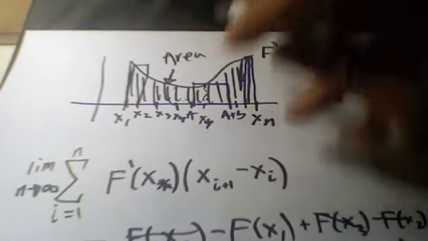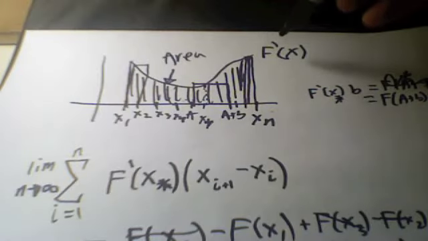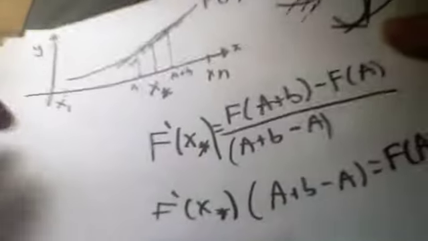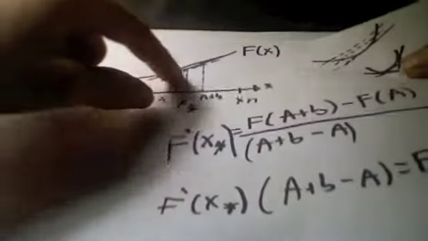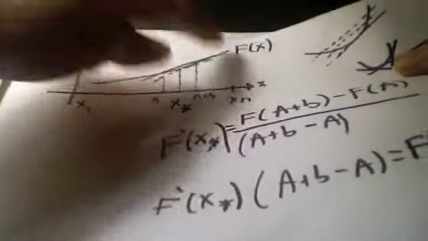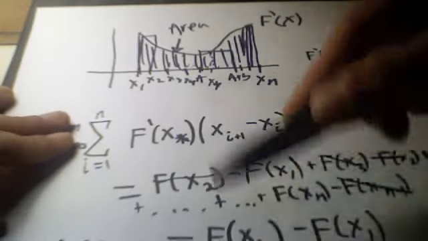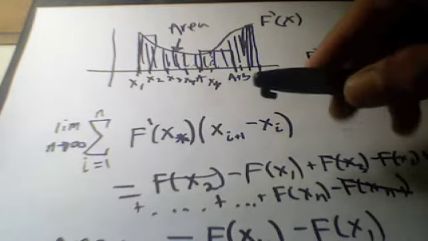Not this f of x, f prime of x, because that's not f of x. I'm talking about the f of x that we were talking about before. Don't you remember? This f of x, so just that endpoint minus that endpoint. That's what that means. It means the area of this is equal to these two endpoints subtracted from each other.